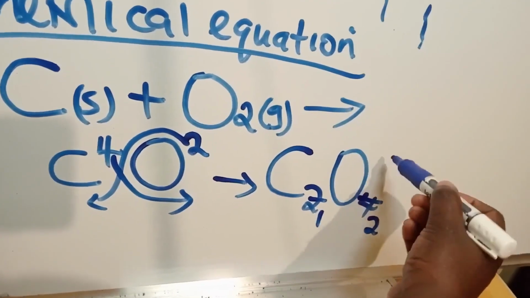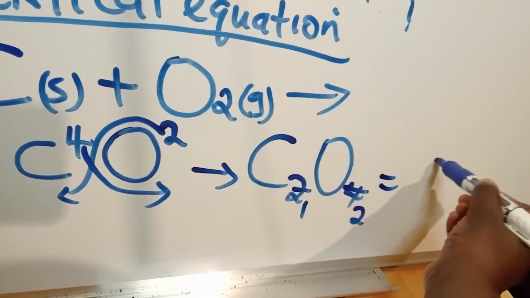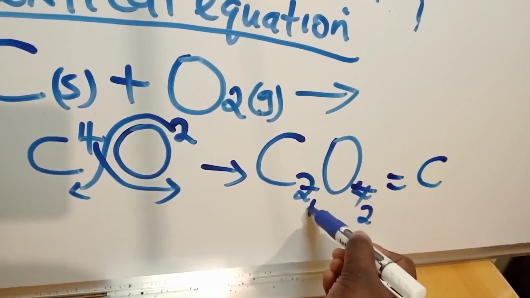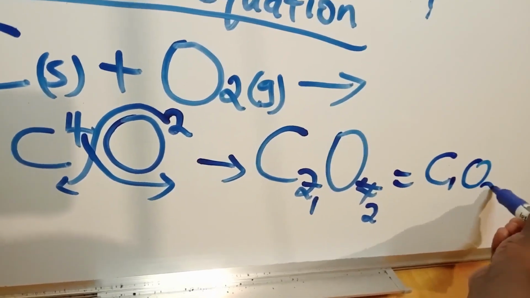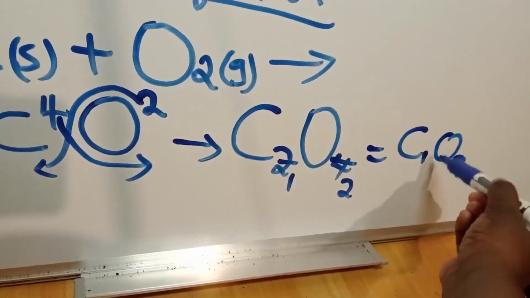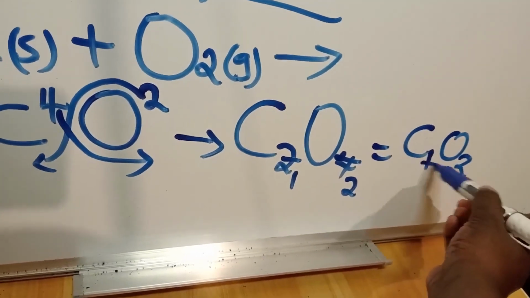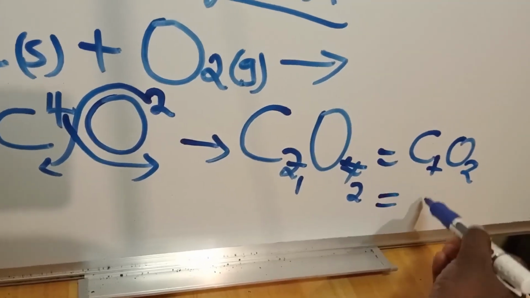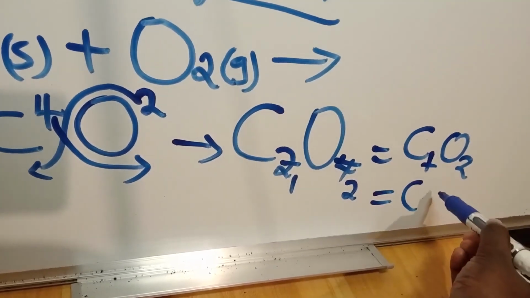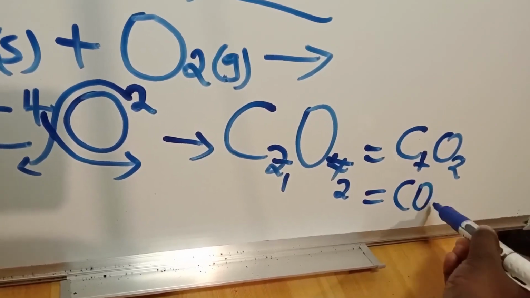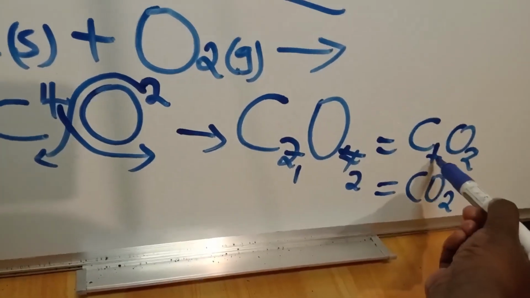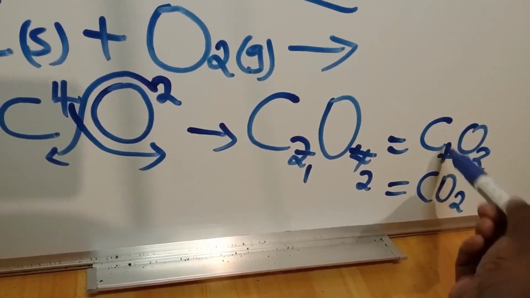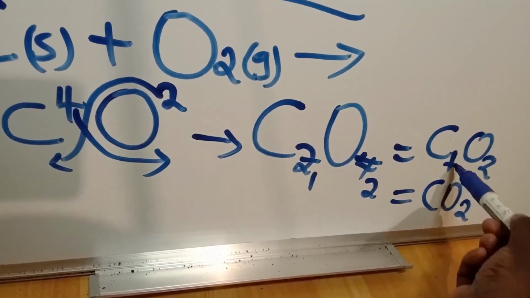So from there we have C, which is for carbon, then 1, and then O2. And then as usual, where there is 1, you ignore it, and so the formula for carbon 4 oxide gas remains as CO2, because you have just ignored this 1. So C is already 1 here, even without the 1.